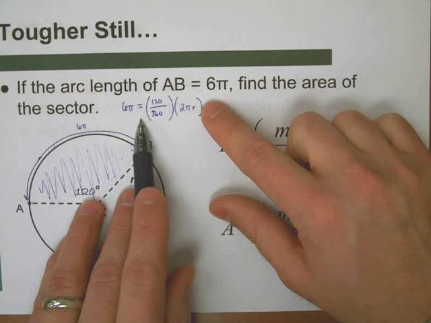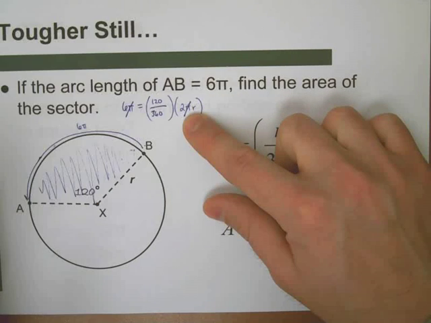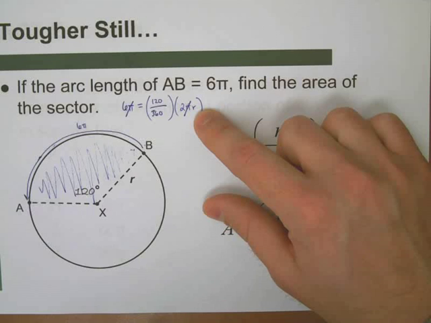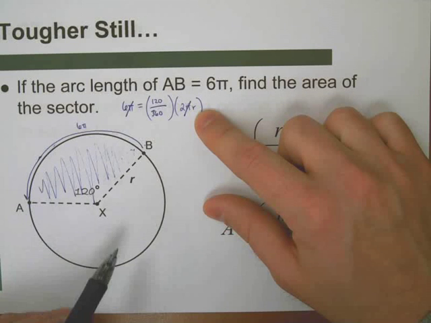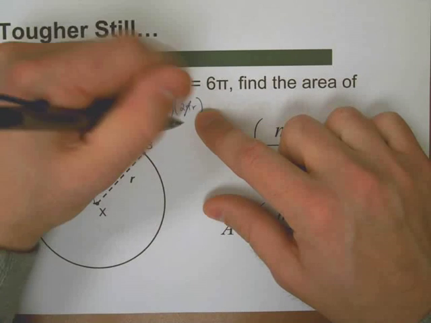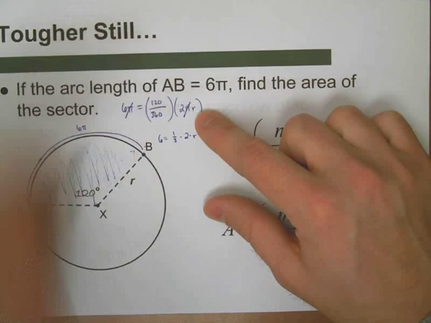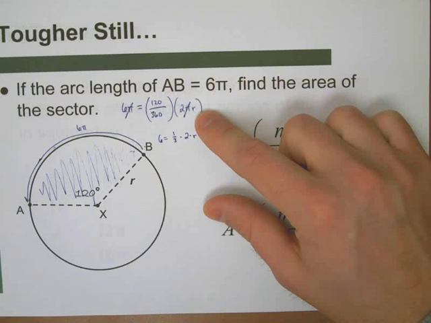Well, let's try to simplify things down. First of all, notice the pi's go away. The only variable I'm left with, that was the only variable in the beginning, is an r, right? How do I simplify that down? Well, this is 1/3. 6 is equal to 1/3 times 2 times the radius.